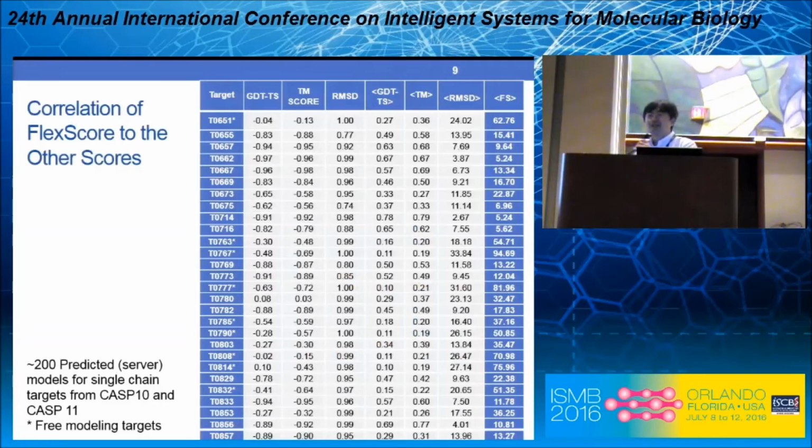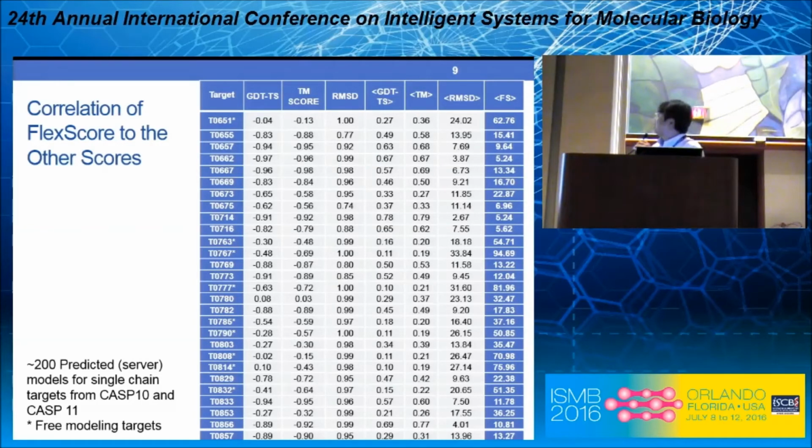Now I can see how it looks if I apply it to CASP protein structure models. Here we took several targets in CASP, and for each of them I downloaded more than 200 prediction models from the CASP website. Then I compute the correlation across those models between the flex score we developed and, for example, RMSD, TM score, and GDT-TS of the 200 models.